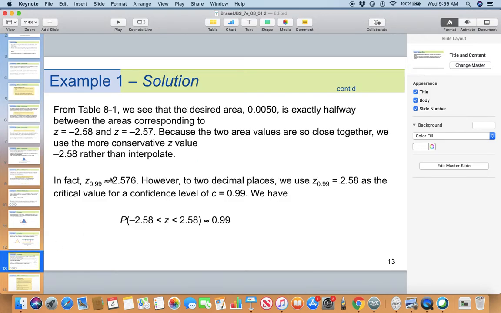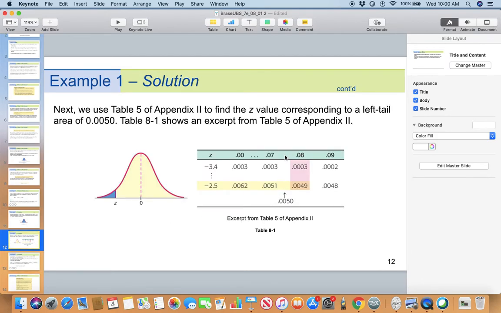But let's see what they say. They are saying it's between negative 2.58 and negative 2.57. So they are choosing something even wider, not exactly 2.575. Why would they do that?